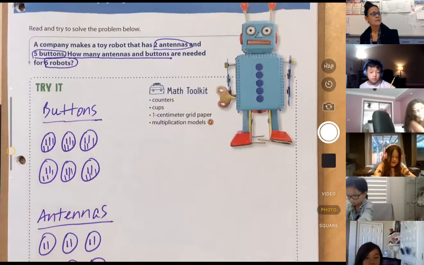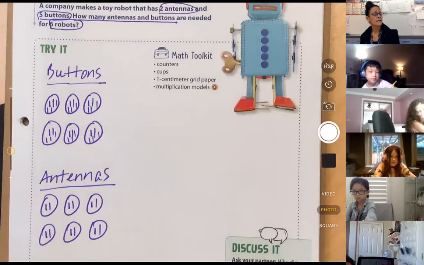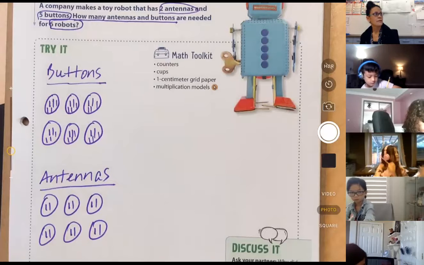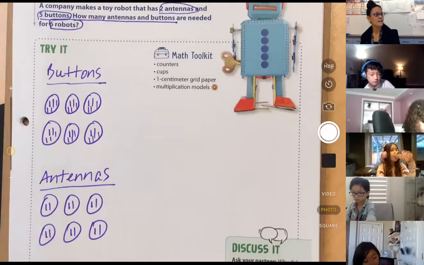You see many of you writing, awesome. All right, so sometimes in situations like this, it's easier to do it in steps. You can see now that I have all the buttons that I will need for 6 robots, and I have all the antennas that I will need for 6 robots.